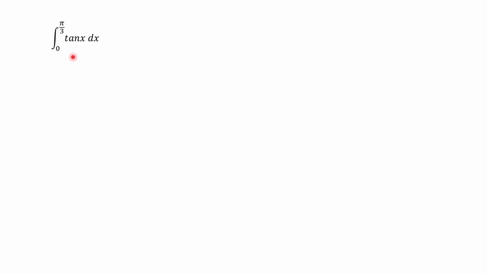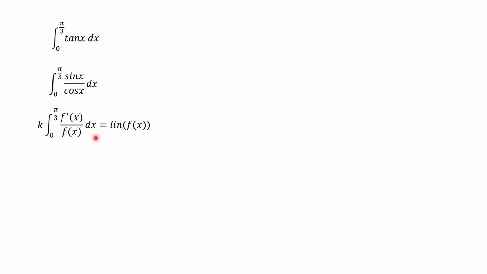So actually the first step to integrating tan x is to write it as sine x over cos x. And the reason why is because you can take advantage of this really cool formula, which is if you have the derivative of a function over a function as in an integral, you should be able to times it by some kind of constant to produce a natural log of that function.